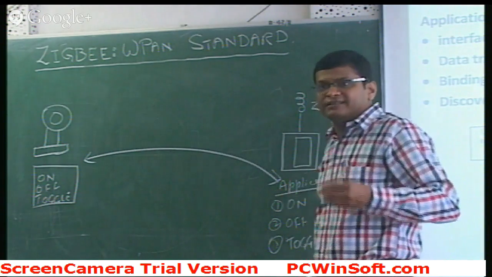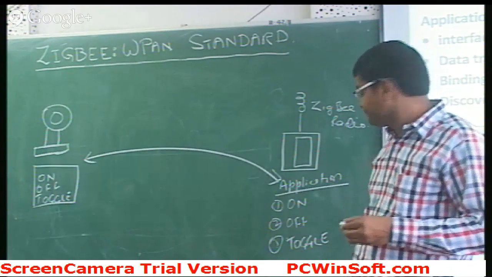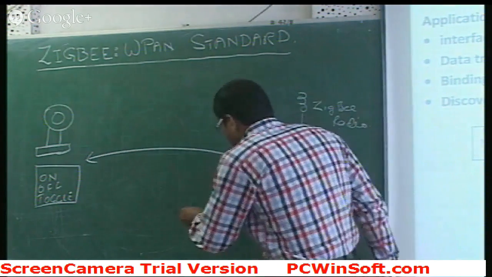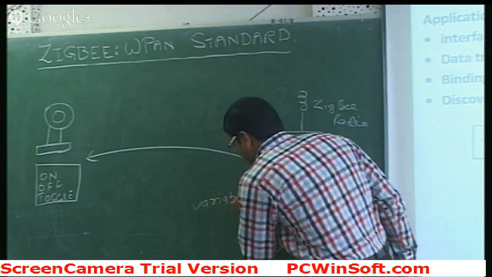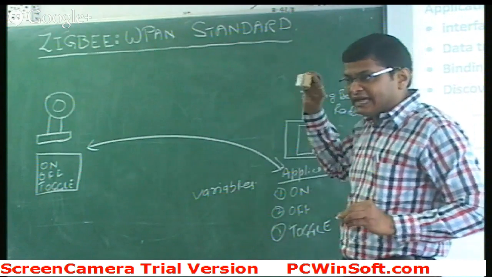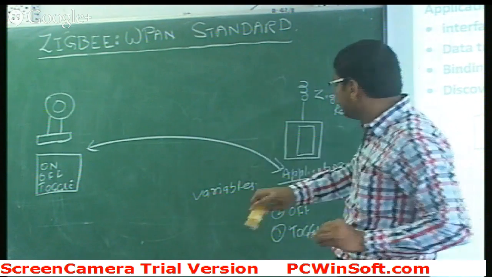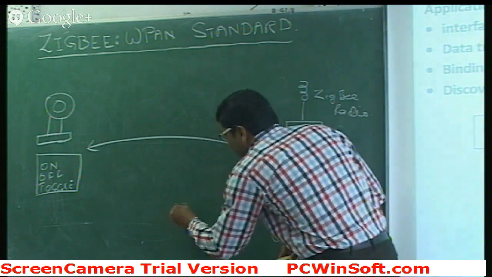As in C and other languages we have operands and variables, here in ZigBee parlance, the atomic unit or atomic variable is called an attribute.